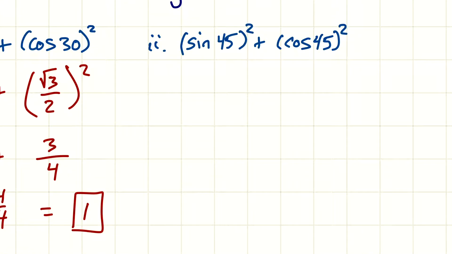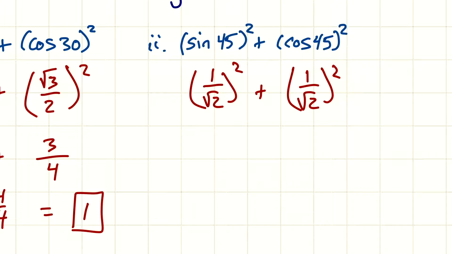So this is going to be (1 over the square root of 2) squared plus (1 over the square root of 2) squared. All right, so if we're going to multiply this out, 1 squared is 1, and then the square root of 2 squared is the square root of 4, which is 2.